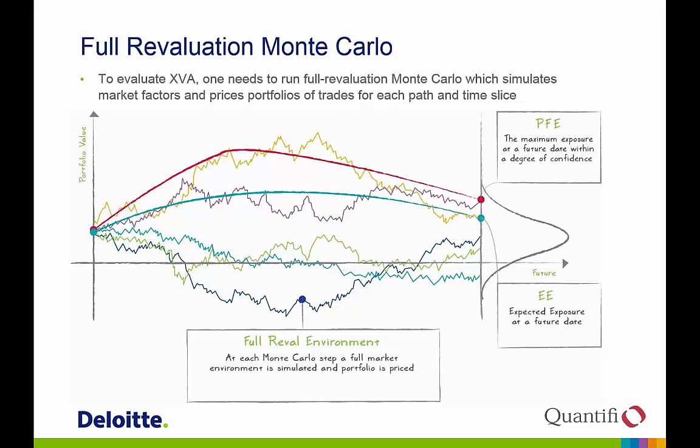Here I would like to talk a little bit about the properties of such a system and how to calculate XVA. To evaluate XVA, one needs to run a full revaluation Monte Carlo, which simulates market factors and prices of the portfolio of trades for each path and time slice.